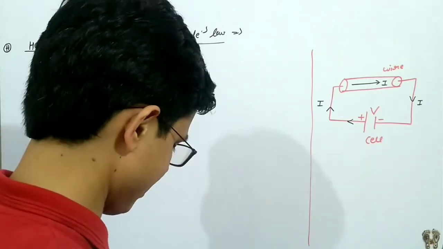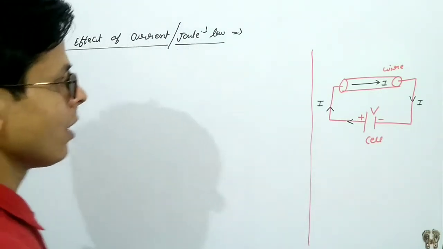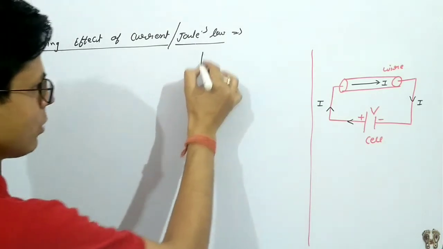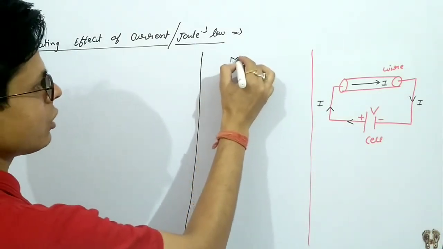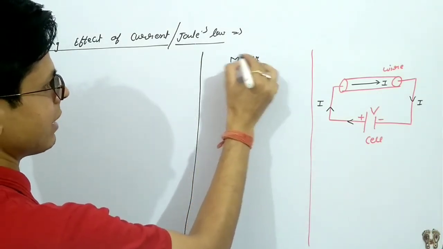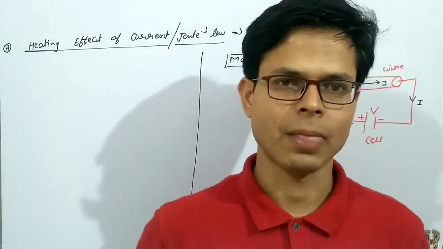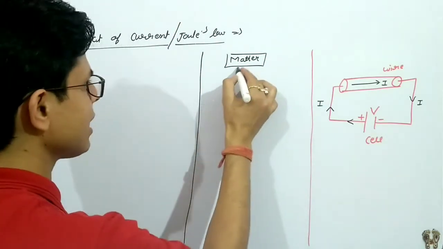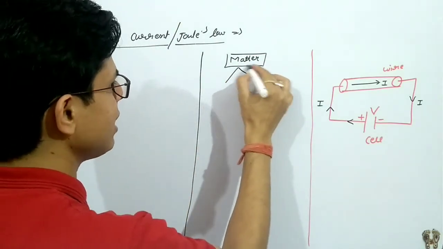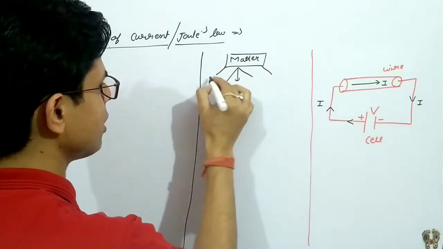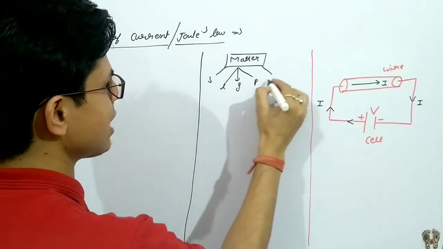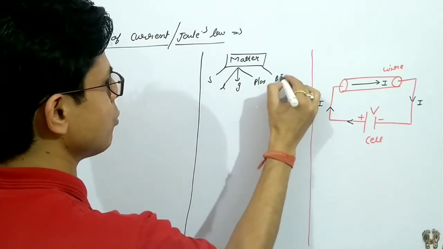Now why is heat produced? Number one. Earlier we discussed that whatever is in this universe is called matter. Matter is in three forms: solid, liquid and gas. Actually five forms are there; mainly we will discuss these three, plus plasma and Bose-Einstein condensate.